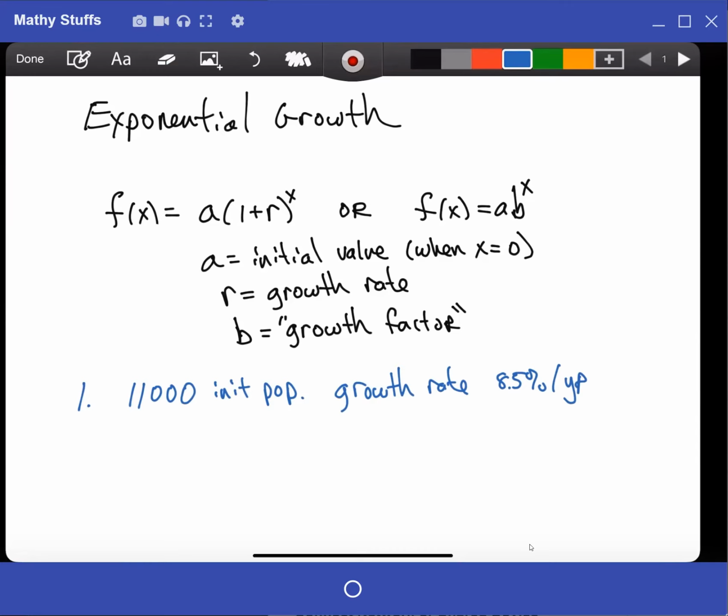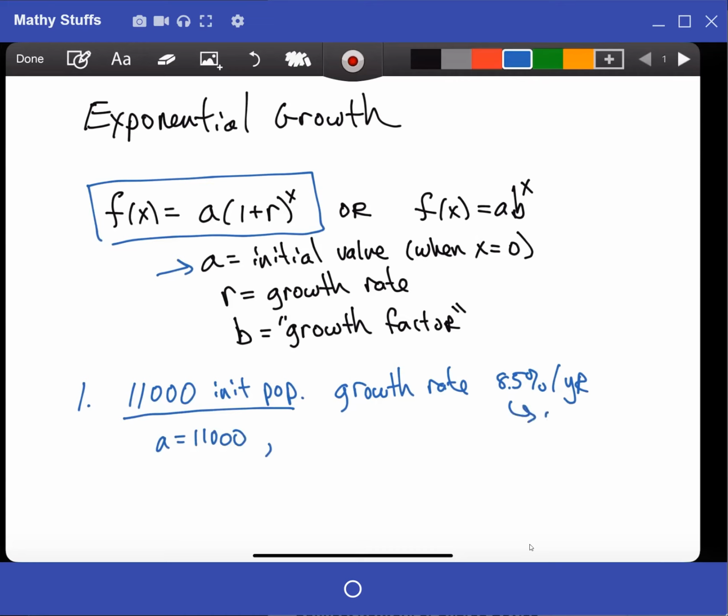So we're going to go with this very first form here. And we're noting that our initial population is the constant a. So a is going to equal 11K. And the growth rate, we want to convert that into a decimal. So 8.5% converts into 0.085 as a decimal, and that's our r. So r equals 0.085.